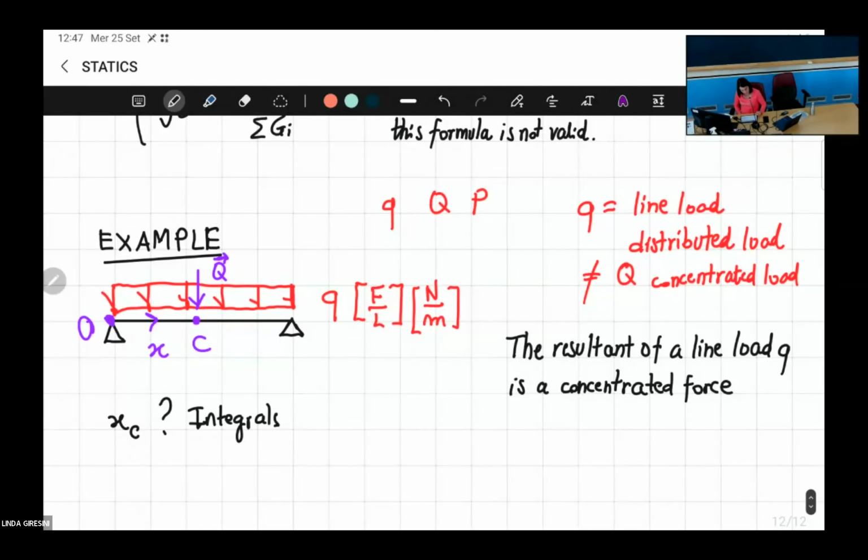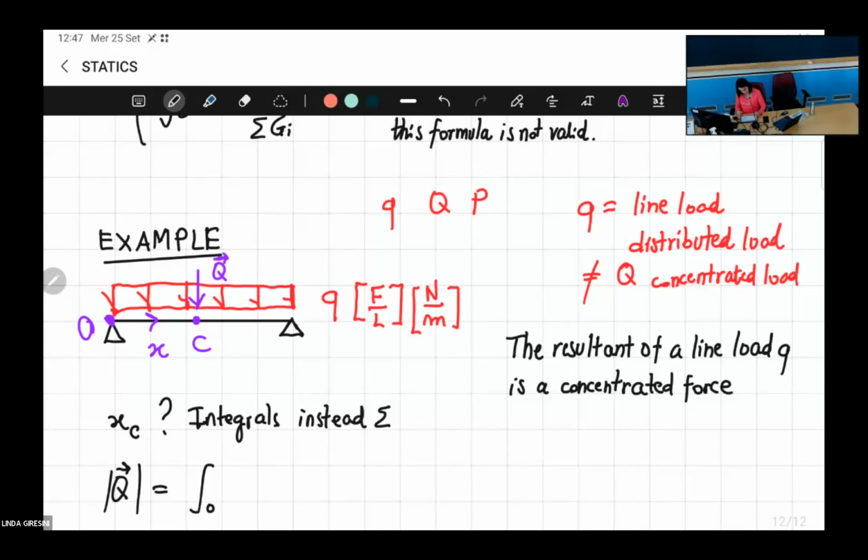So first, it's better to find Q, the magnitude of the force. Instead of using a discrete sum of separated elements, we use integrals. We use integrals generally when we have functions, when we have continuum elements. Okay?